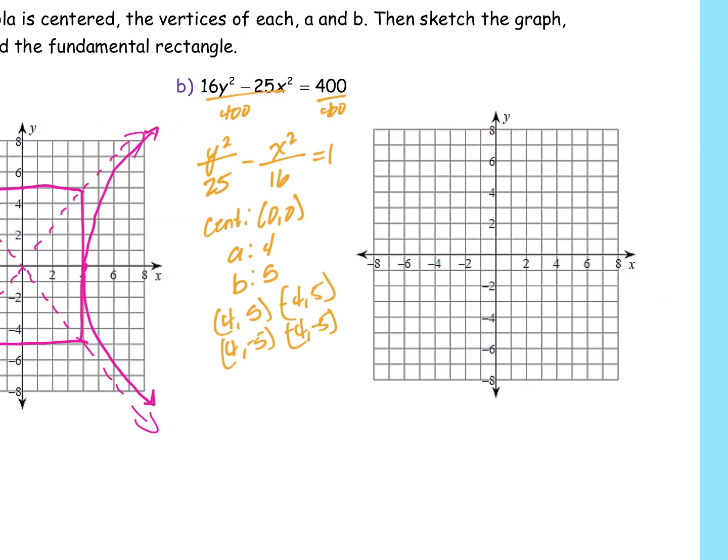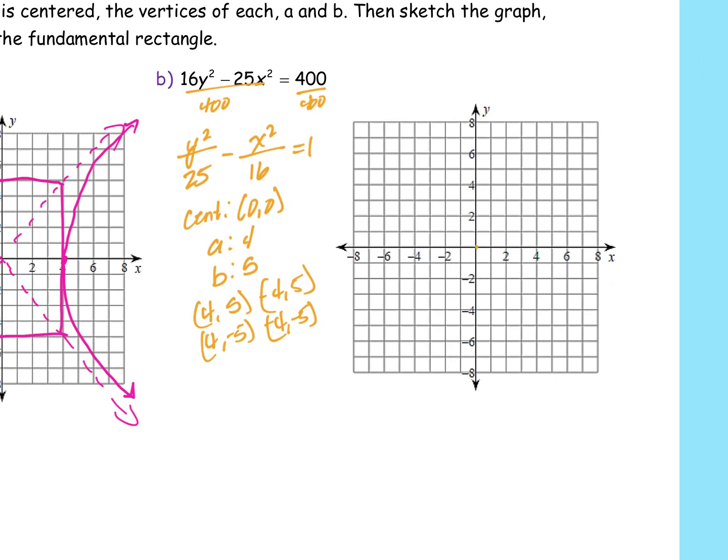Since my center is (0, 0), that one's pretty easy. 4, 4, 5, 5.